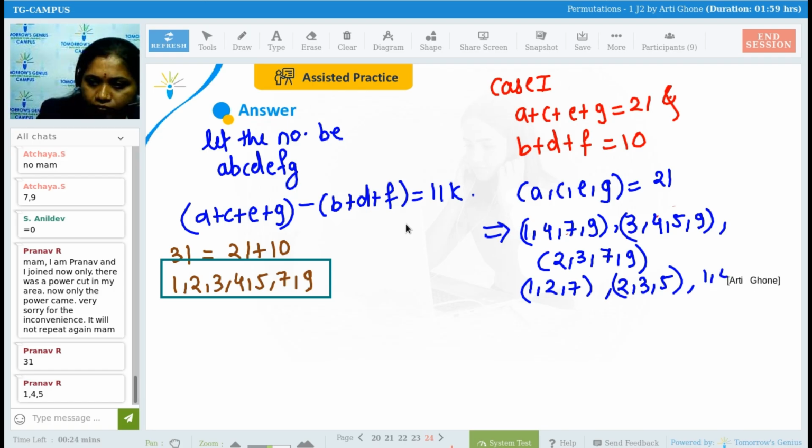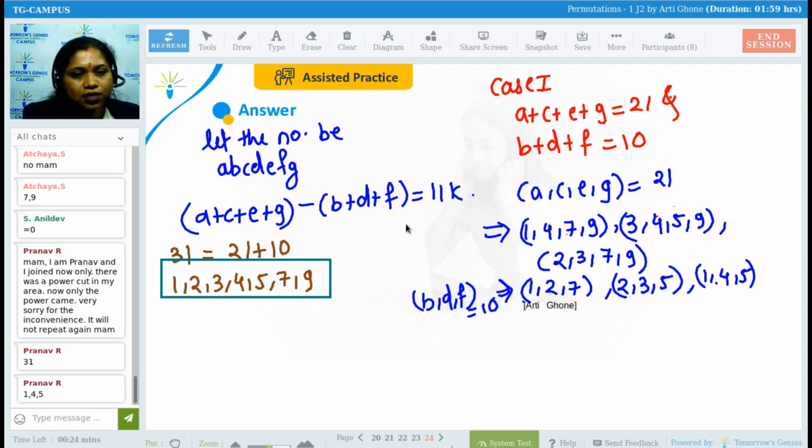Yes, 145. Clear? So for the BDF pair with 10, we got these 3 pairs. This is clear? So how many number of ways for case 1?